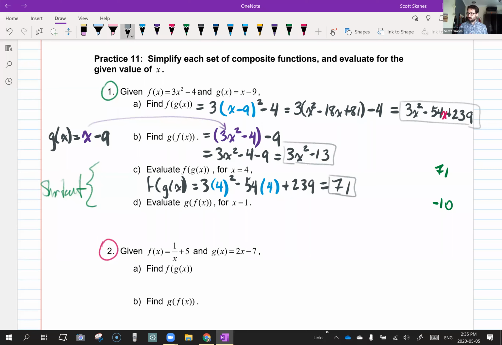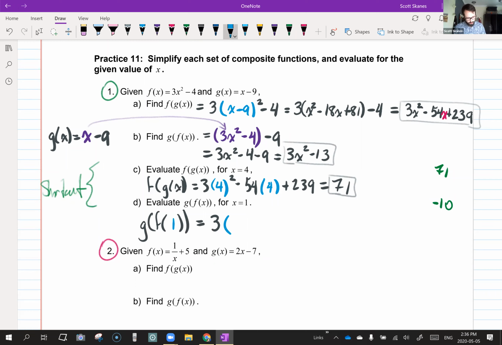And then the last one. Tarek, your answer for 2 is all right, but you should have brackets around the 2x minus 7, just to be super clear. But yeah, you're okay. I think on your page you probably wrote it correctly. G of f when f is 1. When I work this out, it's 3, and replace the x.